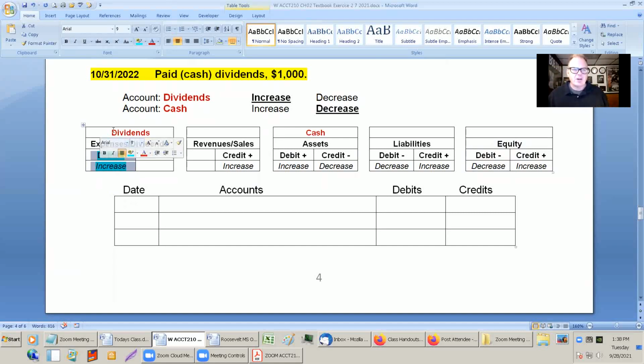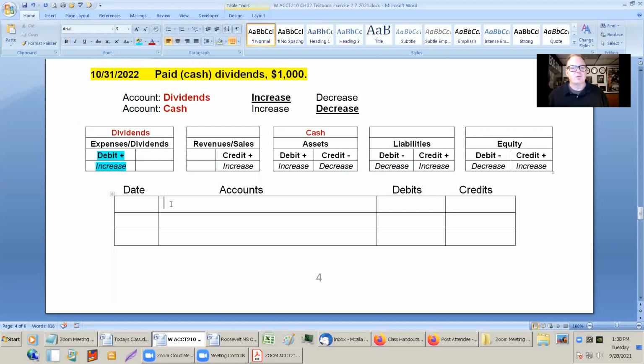And I guess the more I think about it, this isn't maybe a bad way to do it, the way the book shows it, because you can say, okay, they're always debits. Whereas if you said it was in the equity account, it might be a question of whether the dividends were increasing or decreasing the equity. So this way kind of puts it right there that it's a debit.